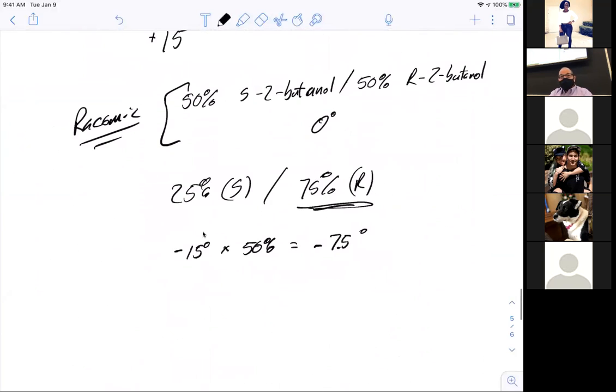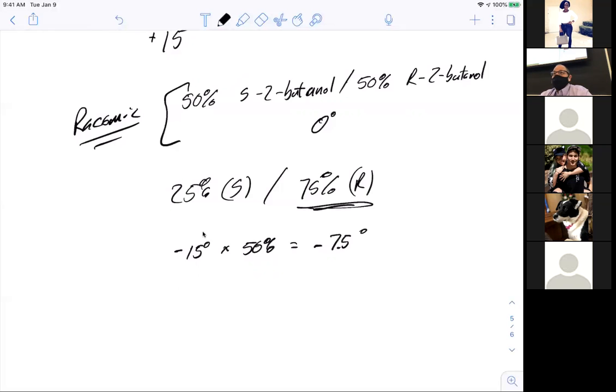And then you should be able to understand this calculation: anytime I have a mixture, you're going to get somewhere between the pure rotation and zero, and that percentage is going to be based on the percentage of the molecules in there. How much of the R and how much of the S do I have in that solution? You should be able to understand that type of calculation.